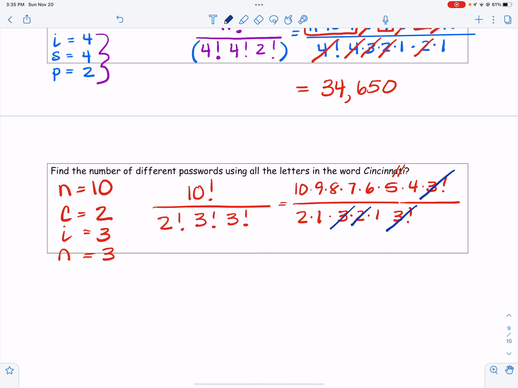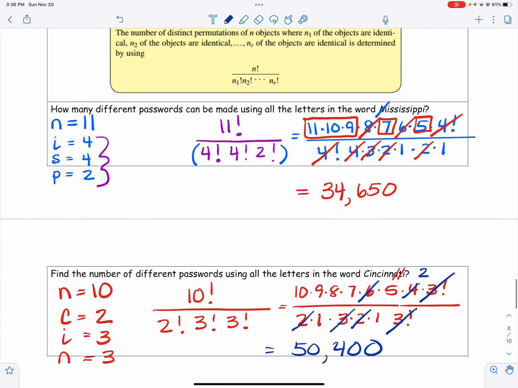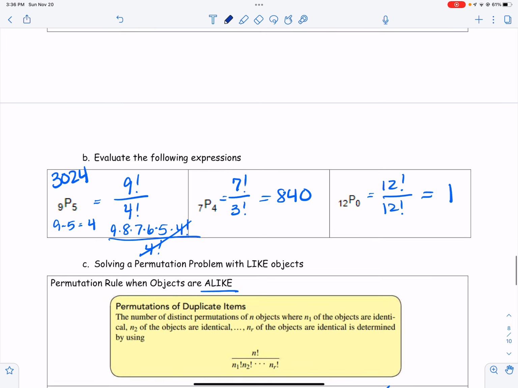And then I could do 2 goes into 4 and leaves 2. So now I'm going to multiply 10 times 9 times 8 times 7 times 5 times 2. And that gives me 50,400. Okay? And that finishes 11.7.